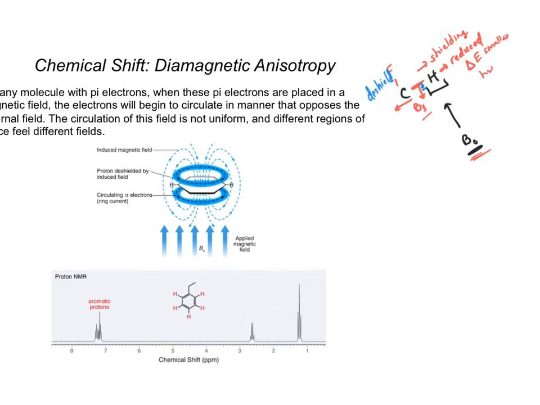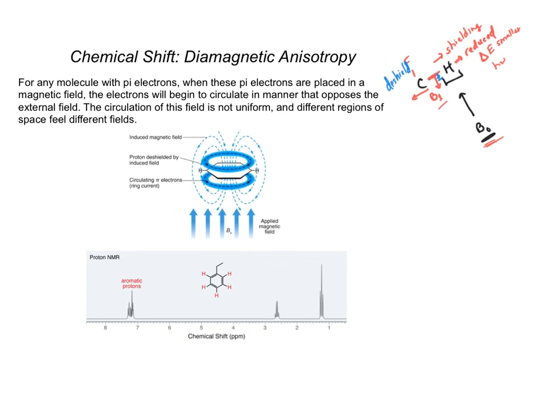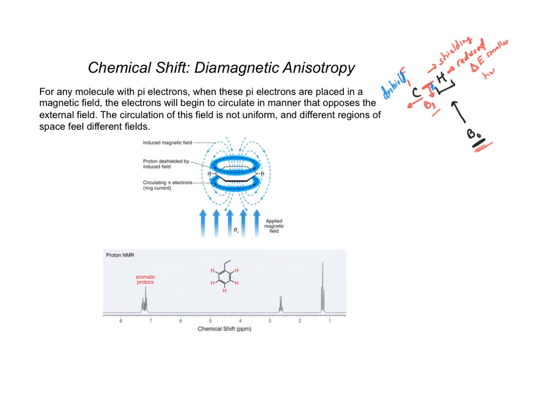Now, this last little thing that we're going to talk about is called diamagnetic anisotropy. And the overall reasoning behind it is very similar, right? So let's imagine that we have something like benzene. So benzene, we know, is this aromatic ring, right? We know that benzene has these pi electrons in this compound, right?